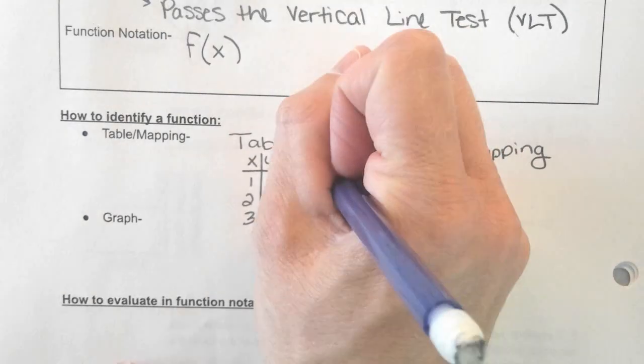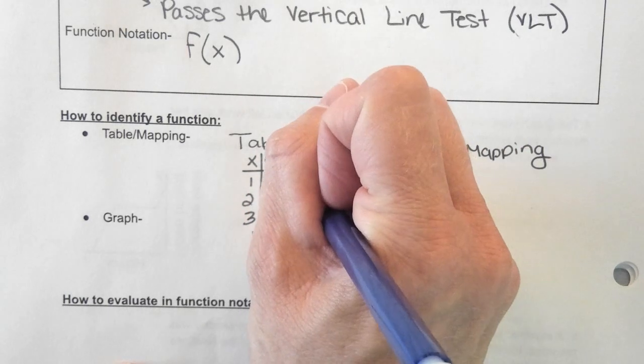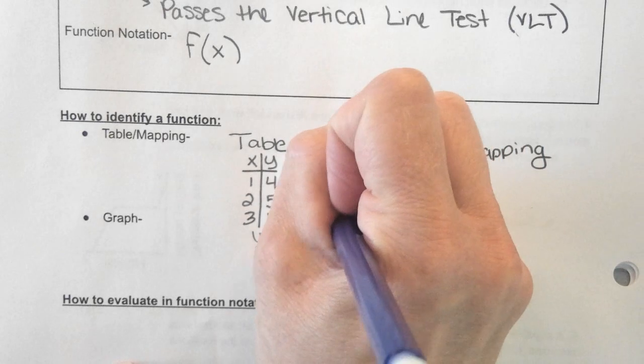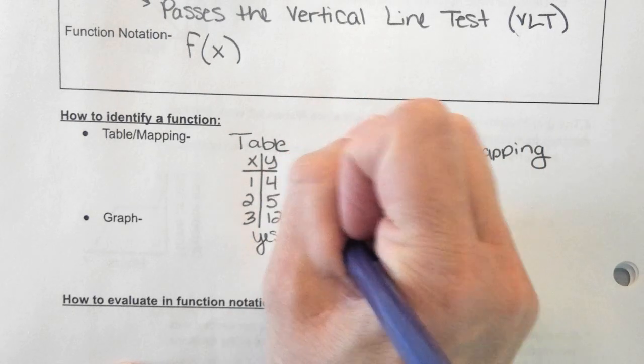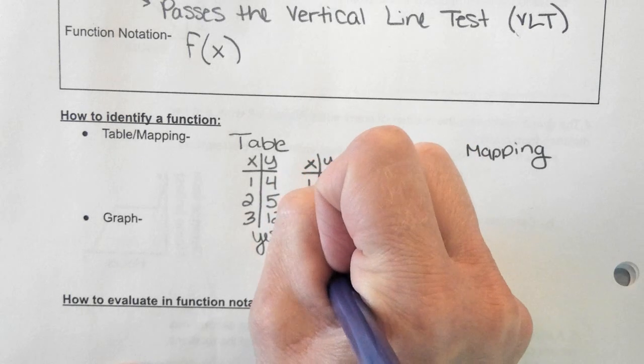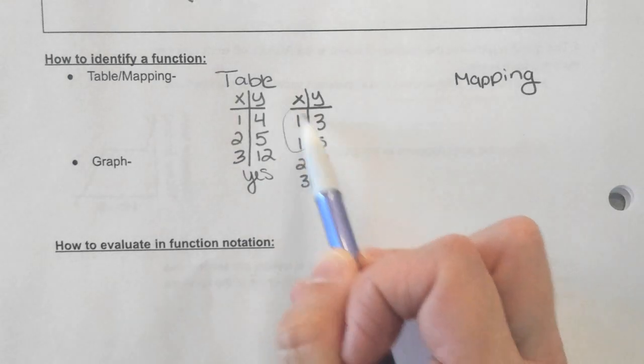So let me show you a no. That's a yes. What does a no look like? The no, like I said, looks like the second one from the warm-up today. If I had 1 matched with 3, and then I also had 1 matched with 5, and then 2 matched with 4, and then 3 matched with 7. Do you see how the 1 doubles up here?